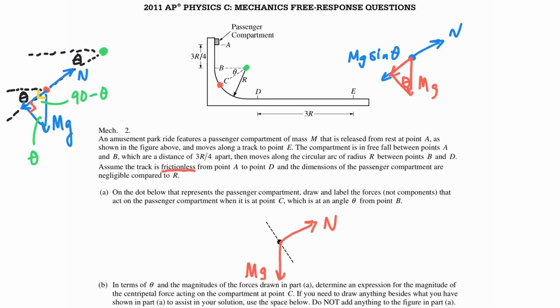When I write my Newton's second law equation for part B, I need to write that the sum of the forces that act on the compartment in the direction of the circle is equal to mass times acceleration, and the two forces that I need to include are N, which I'm going to call positive, and mg sine theta, which I'll call negative.